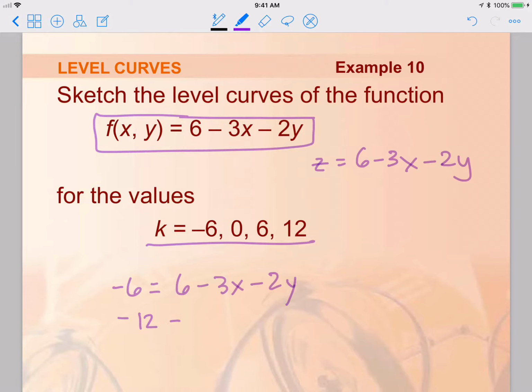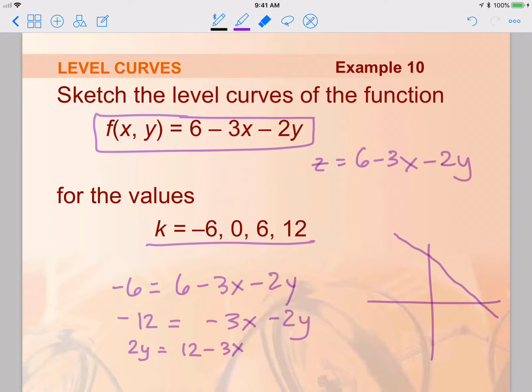So negative 12 equals negative 3x minus 2y. If I graph this, it's just the equation of a line. So 2y equals 12 minus 3x, so y equals 6 minus 1.5x. It'd be something like that.